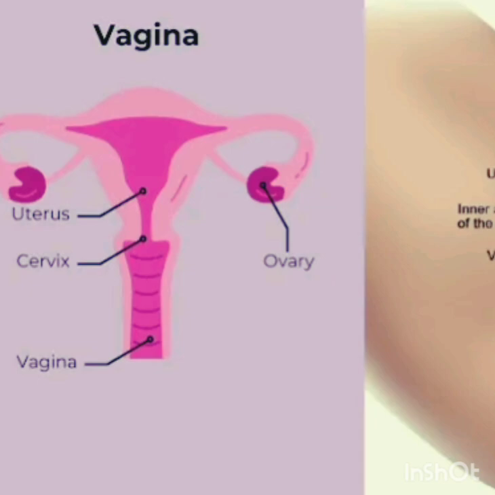So we have the ovary, vagina, cervix, and uterus. How is the baby formed? On the 14th day, the sperm meets the egg from the ovary, and that egg is carried to the fallopian tube by the finger-like projections of the fallopian tube.